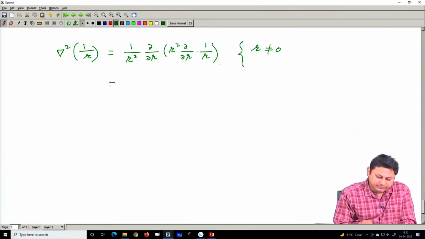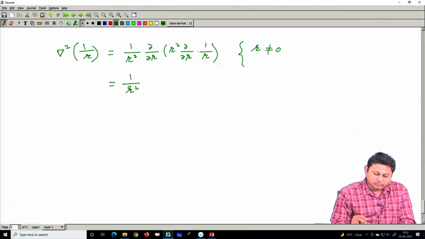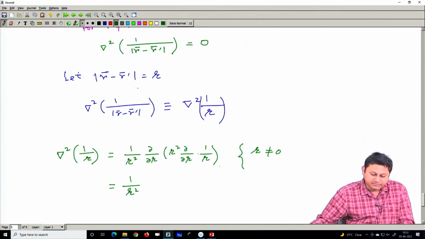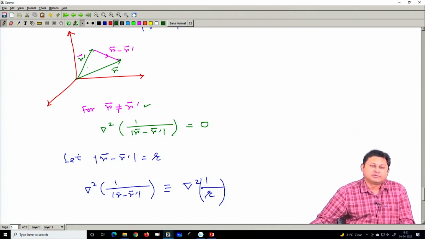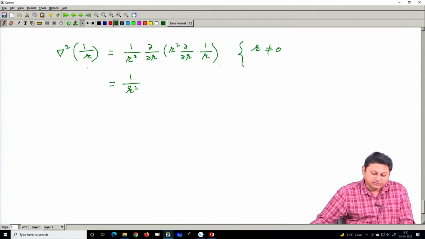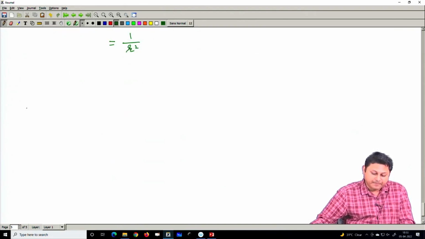We have 1 divided by r square, and we take the coordinate system in such a way that it is placed over this r prime, so r minus r prime became the radius of the sphere over which we are calculating.